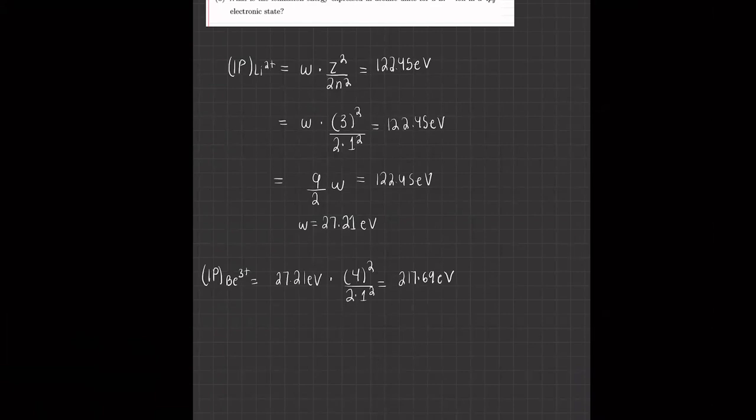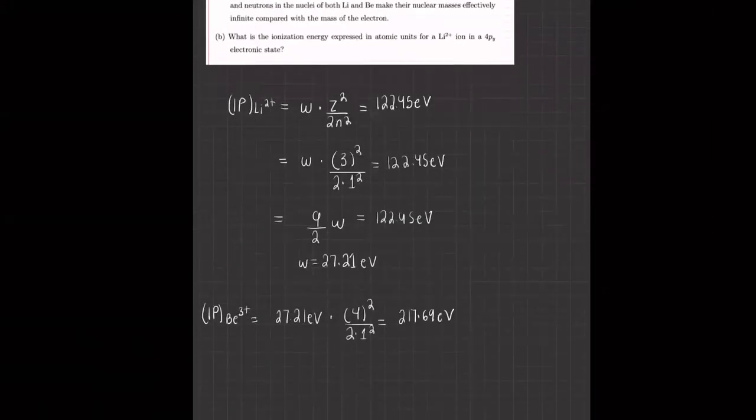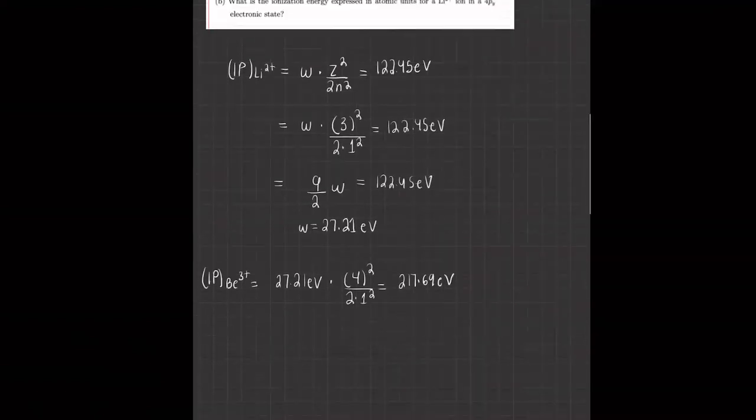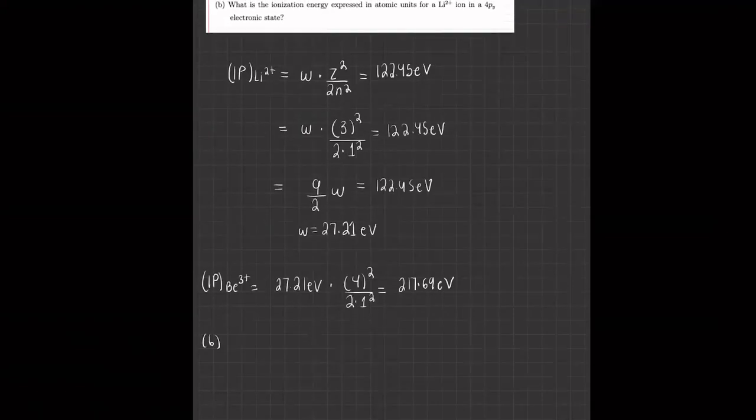Next part is to calculate the ionization energy for a 4p orbital in an electron state. The only thing different is it's 4p.